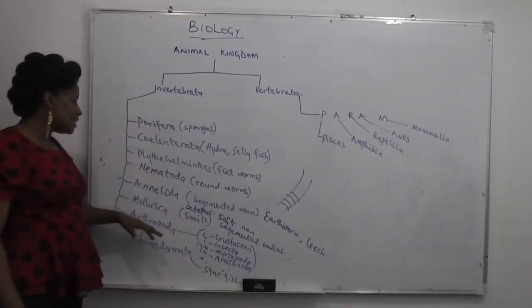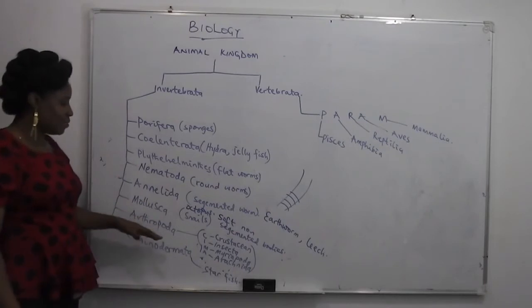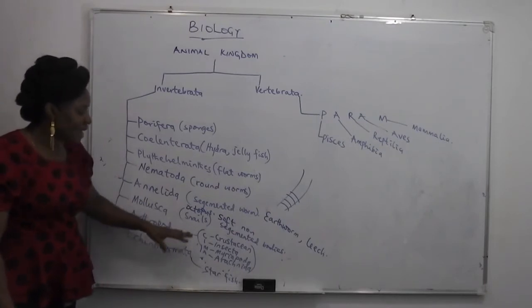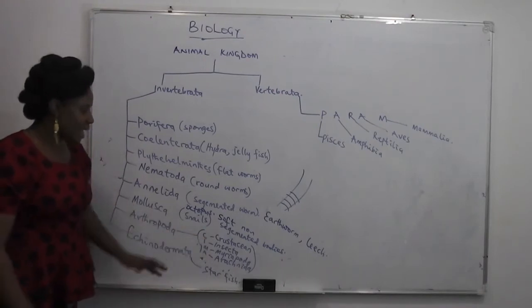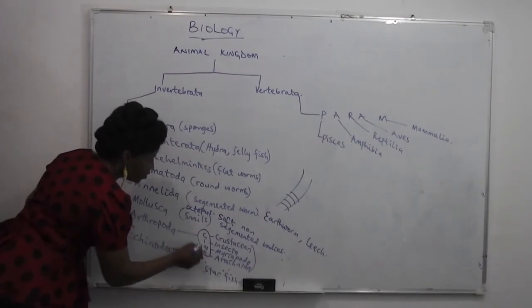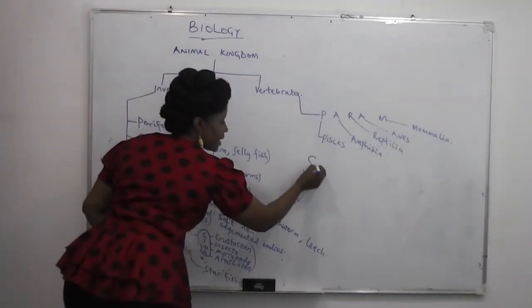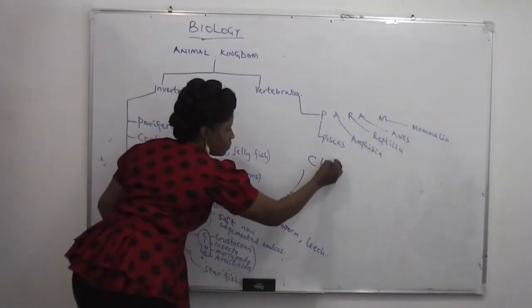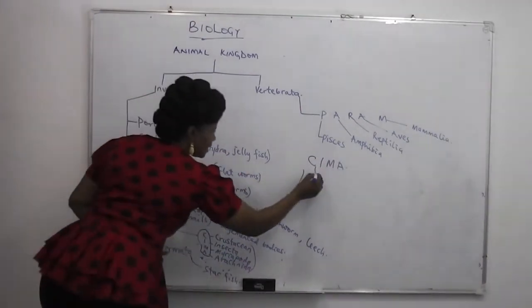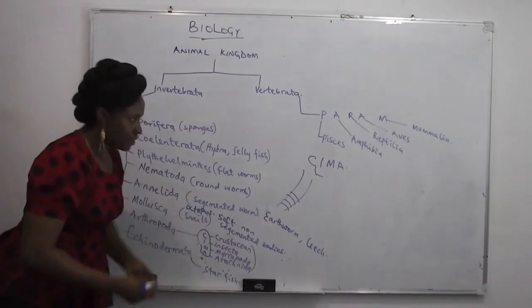Now we have the Arthropoda. This is the largest phylum in the animal kingdom. Because it is the largest phylum in the animal kingdom, it is divided into 4 classes. And these 4 classes are acronymed CIMA, C-I-M-A. The letter C stands for what? Crustacea.